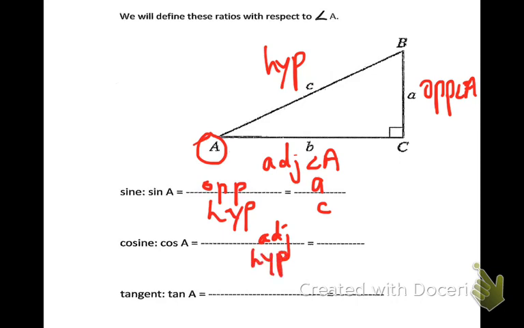So in this case, that's b over c. The tangent of A is equal to the ratio of the opposite side over the adjacent side. So opposite over adjacent is a over b.